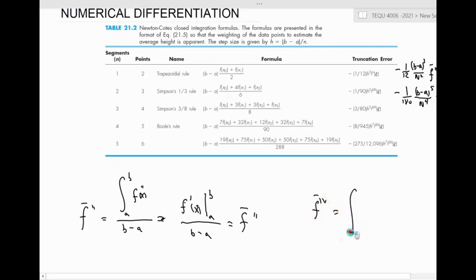I can write it like this: the integral of the fourth derivative with respect to x, dx, missing the dx here, sorry for that, evaluated between a and b divided by b minus a.